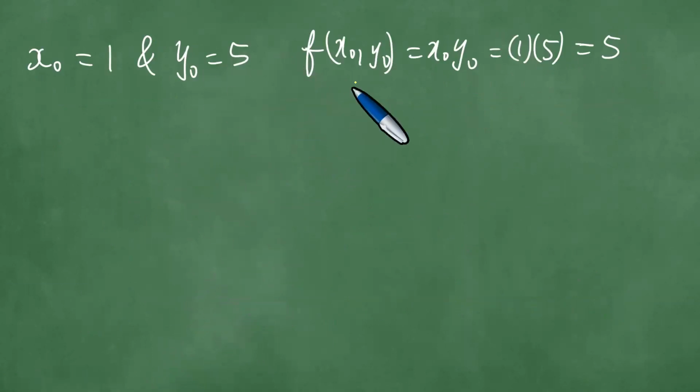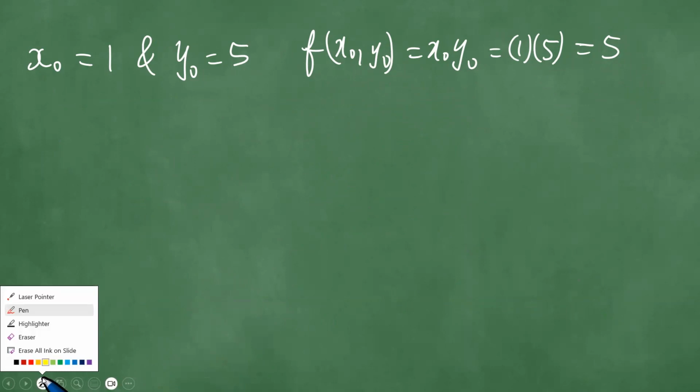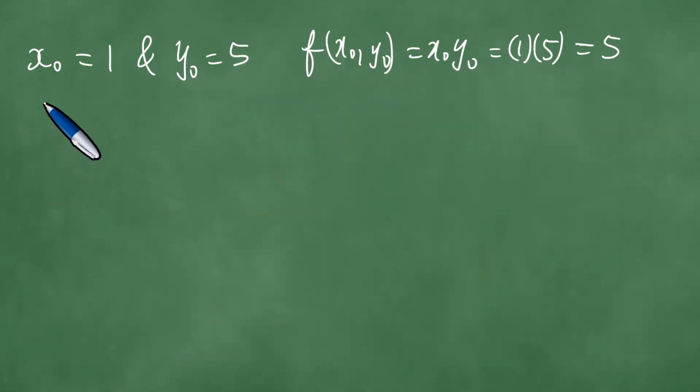Then now you find f of x0, y0, which is x0 times y0, which is 5. And then at this point, you need to find the predictor. Always you find the predictor first, and then you can find the corrector afterwards. So what is the formula for the predictor?